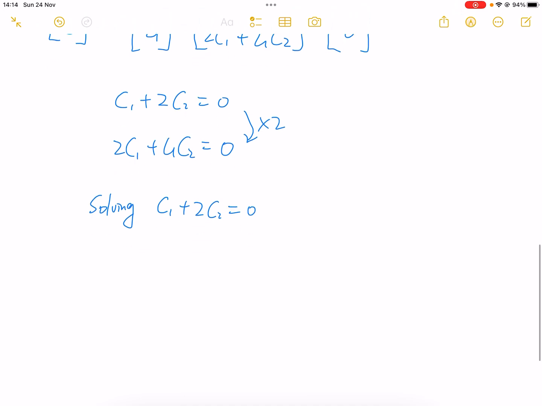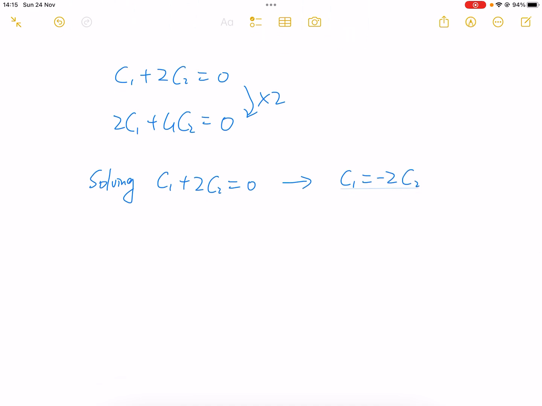We find that C1 equals negative 2C2. Now, this is a dependent relationship between C1 and C2, meaning that v1 and v2 are not linearly independent. There's a non-trivial solution, so the vectors are linearly dependent.